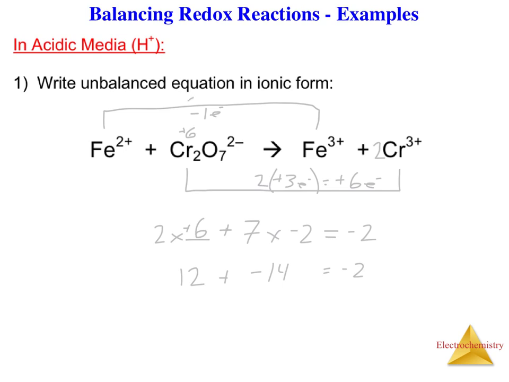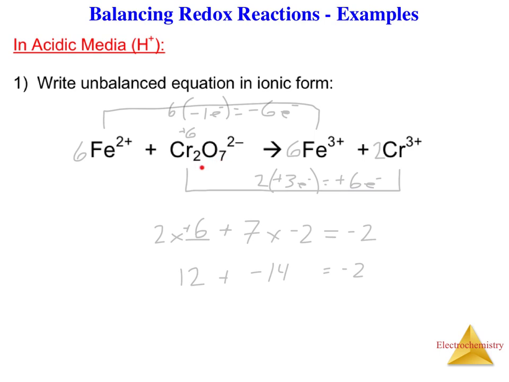Each iron loses 1 electron, so I'm going to have to multiply this by 6 so that I lose a total of 6 electrons. So I have to have 6 irons on that side, 6 irons on that side. Is my equation balanced? Almost. I'm missing oxygens.